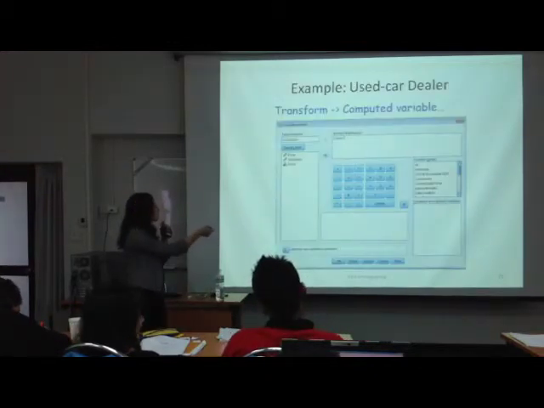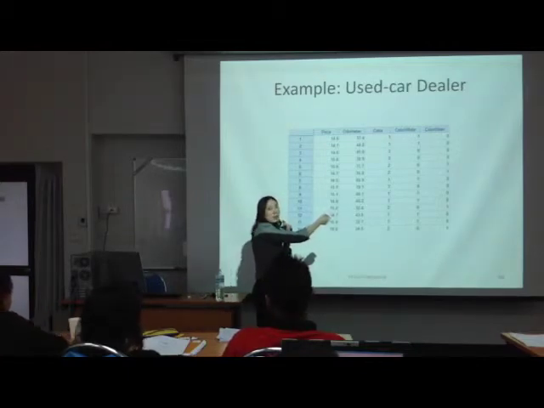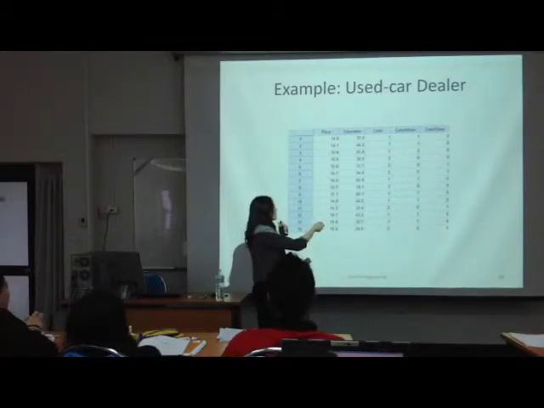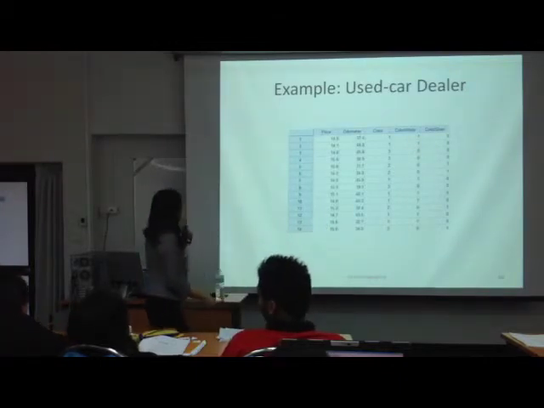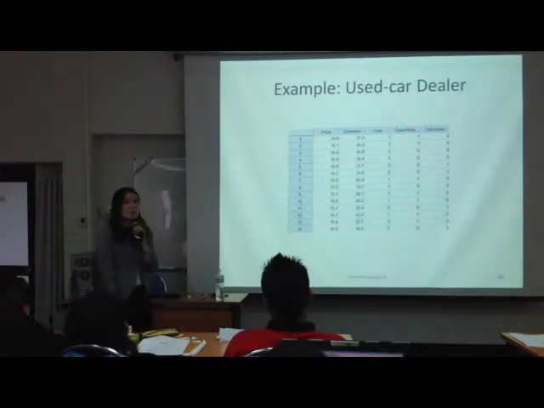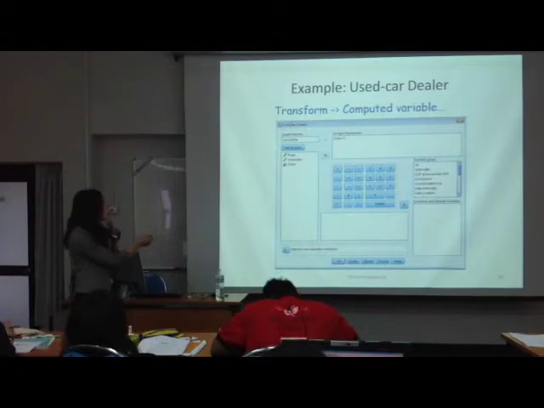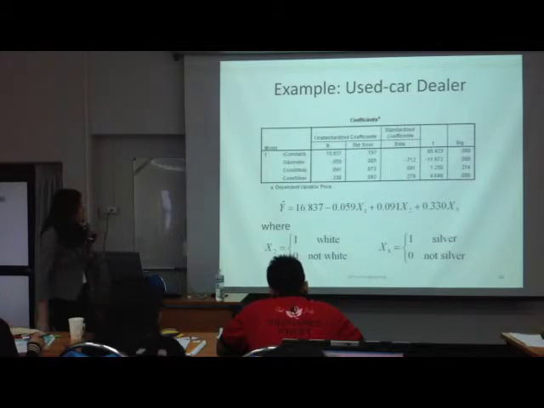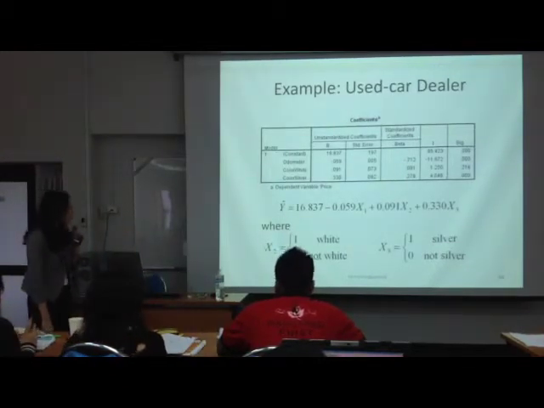When you put color equal to 1, it compares: if color equals 1, it gives 1 as true, and if not, false, it gives you 0 as a value. So now you have 2 dummy variables. You have to create twice, one for color white and the other for color silver. And then we include all of that into the regression model.